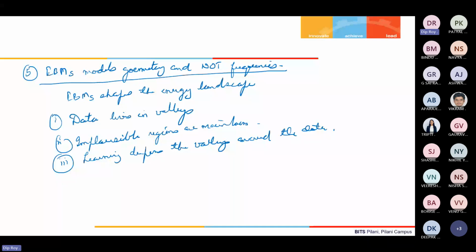Now, when we are going after a probability distribution, let's say a multimodal Gaussian, the modes of the Gaussian will obviously be the higher part of the bell curves. However, in energy-based models, all your data will live in the valleys, okay? And the implausible regions are basically the mountains, okay?